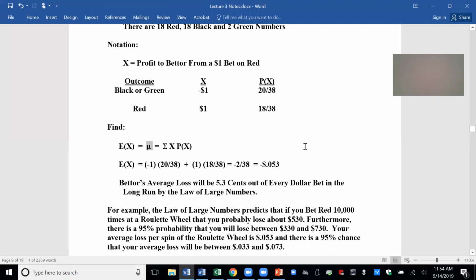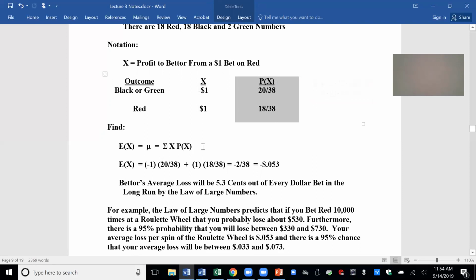This is sometimes referred to as the Greek letter mu. We use the symbol mu for the expected value. To find the expected value, we add up each thing that can happen. In other words, the first column times its probability, the second column times its probability. So you'll go row by row, value times probability, value times probability, to find the expected value.